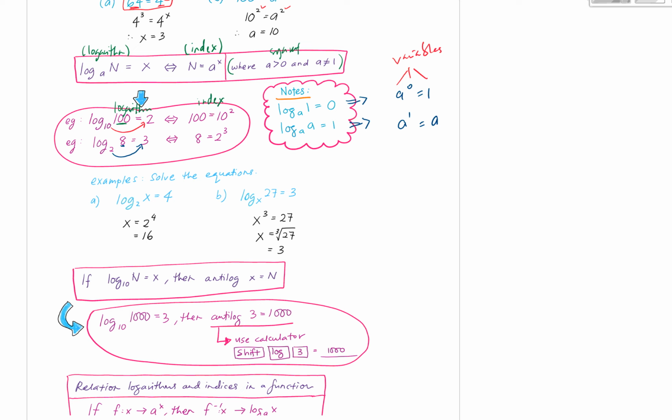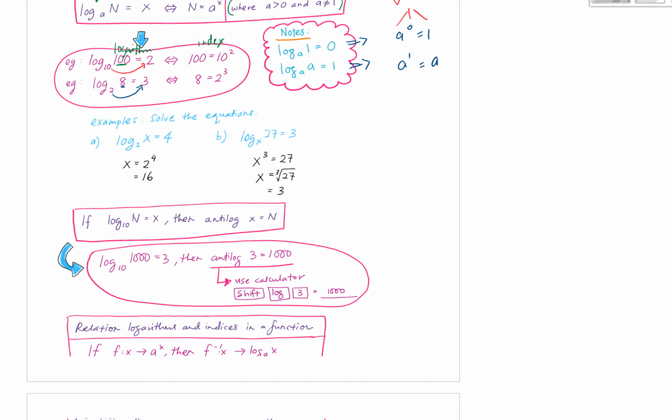So for example, next example, you nak kena solve equation log 2 x sama dengan 4. So ingat cara dia, x ni stay, 2 ni you gerakkan, jadikan dia sebagai base. So 4 tu akan jadi index. So x sama dengan 2 kuasa 4. So x sama dengan 16. Sama juga macam ni, 27 stay, x ni you gerakkan.